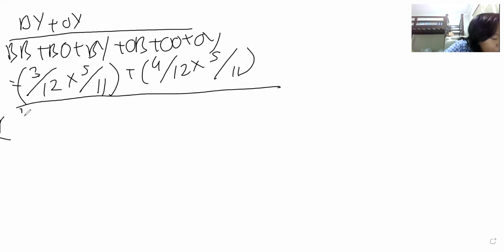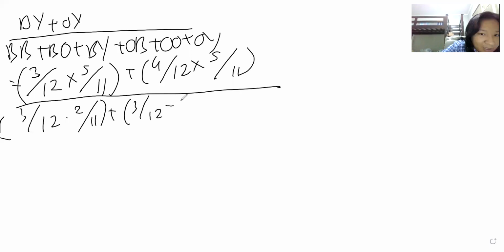3 over 12 times 2 over 11 plus 3 over 12 times 4 over 11. This one is blue orange plus blue yellow. The result will come later on.